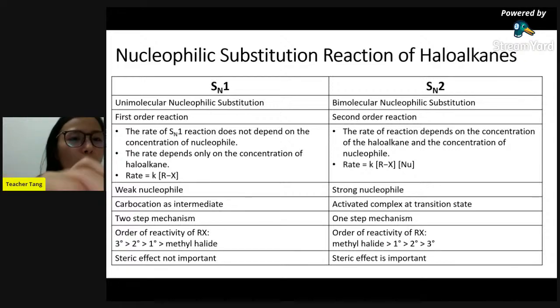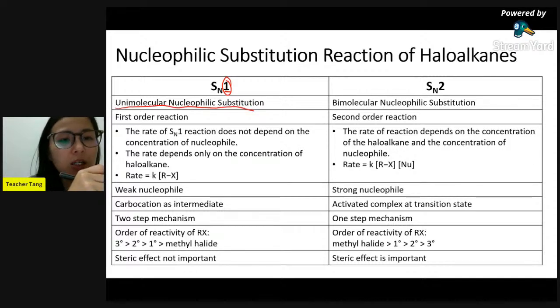So one here means that the slower step or rate determining step only involves one molecule. That's why it is called SN1, unimolecular nucleophilic substitutions reaction. Okay, so it means that at the slower step only one molecule is involved.